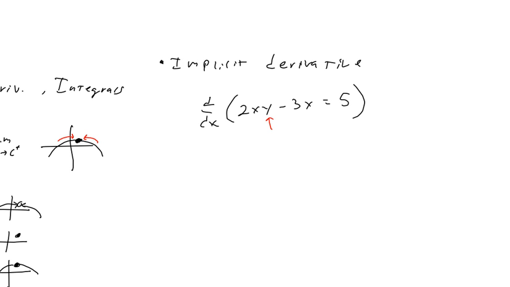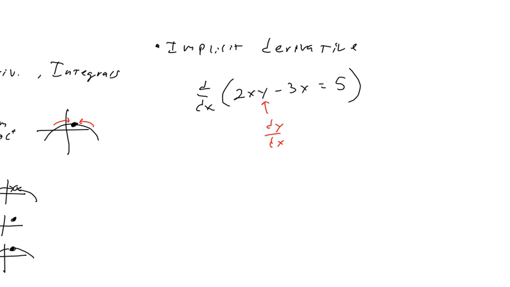I may not write it like that. That's kind of a bad idea. Right? You get a dy/dx from the equation, and dy/dx is the same as y prime. It's the derivative. And then you solve for dy/dx.